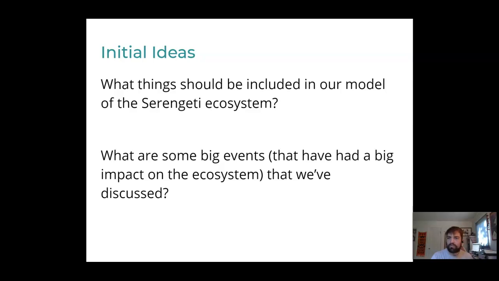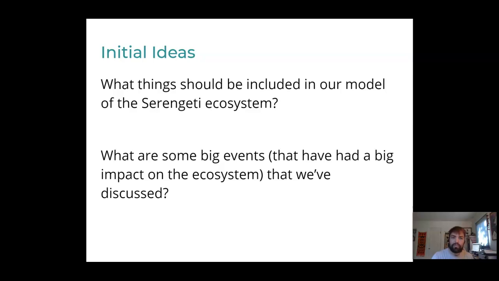All right. Next is the initial ideas, and what things should be included in our model of the Serengeti ecosystem? Take a second and think about that. What are some big events that we've discussed that have had a big impact on the ecosystem? What have we been including in our study of the Serengeti, and what have we been looking for?